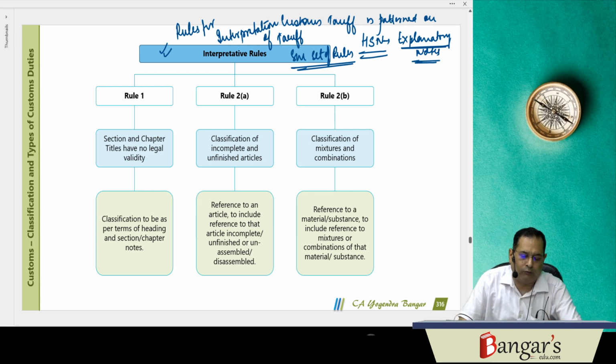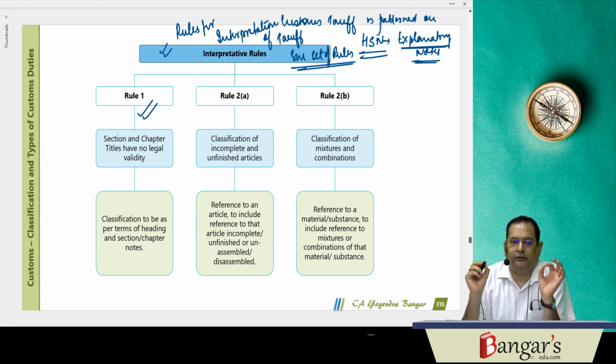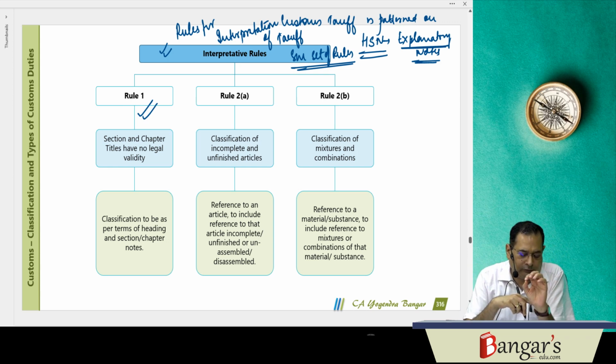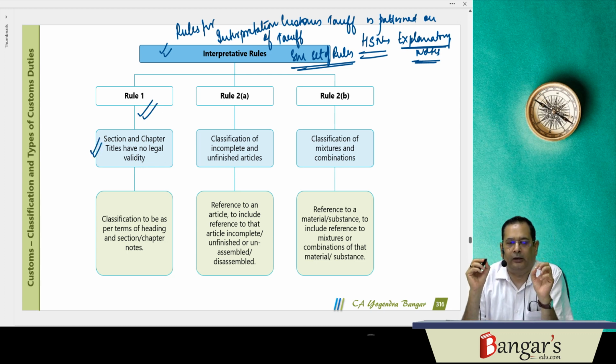Now, rule 1 is relating to the titles of sections and chapters. The titles of sections and chapters are provided for ease of reference only. For legal purposes, the classification is to be done in accordance with the terms of headings and subheadings and related section notes and chapter notes.